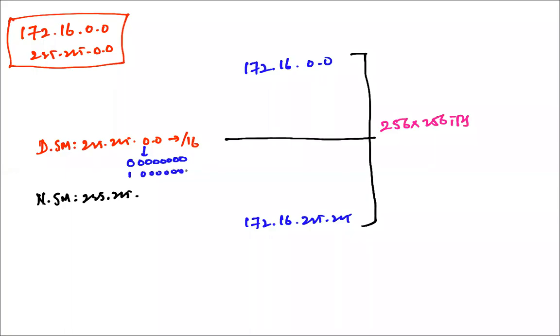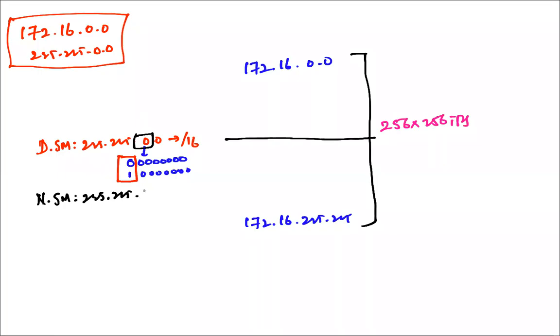Which octet am I changing, guys? I'm changing the third octet, because already 2 octets are 255, 255. The zeros start from the third octet here. So we are taking the third octet and writing it fully in binary, and now I'm changing the first bit, the same way we did in class C subnetting, changing this one bit from 0 to 1.